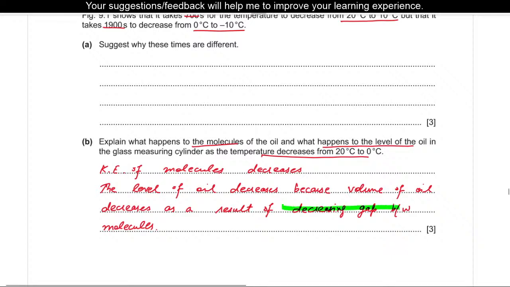This is necessary: as a result of decreasing gap between molecules.